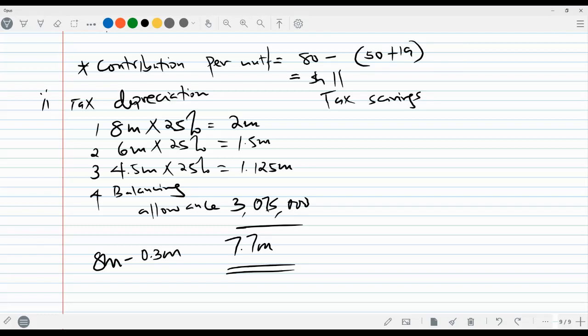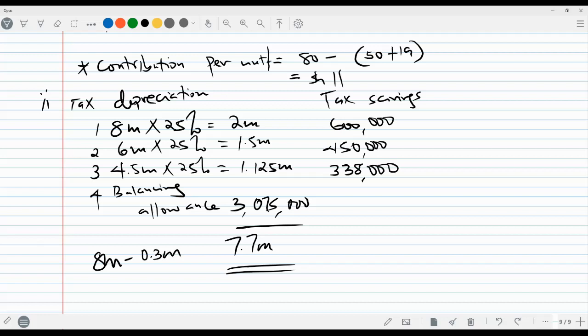The tax saving for year 1 is the allowance times the tax rate, which is 2 million times 30%. Then we get 600,000. Then we get 450,000. Year 3, what do you get? 30% of the allowance, 338,000.